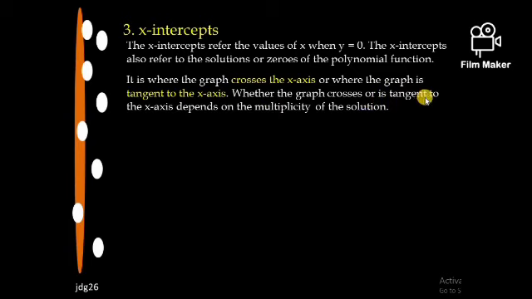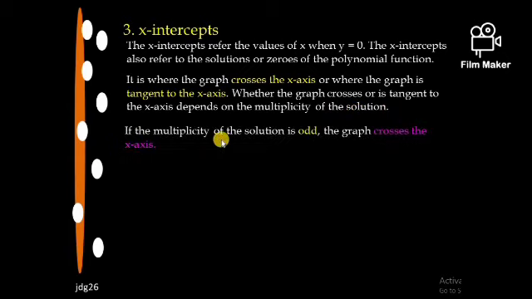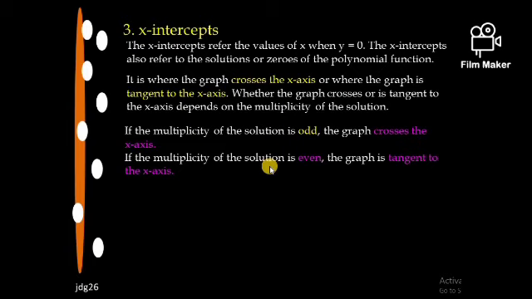Whether the graph crosses or is tangent to the x-axis depends on the multiplicity of the solution. If the multiplicity of the solution is odd, then the graph crosses the x-axis. And if the multiplicity of the solution is even, the graph is tangent to the x-axis.